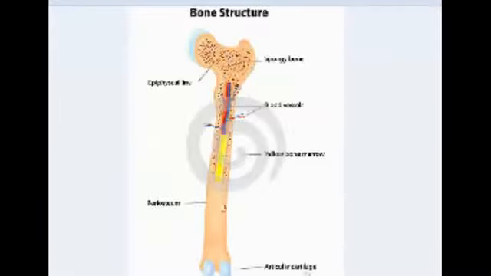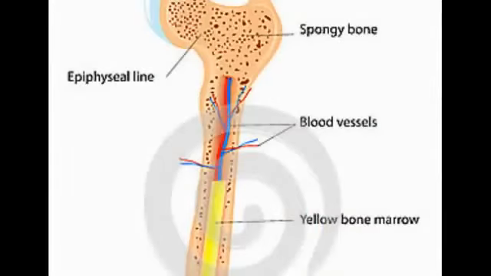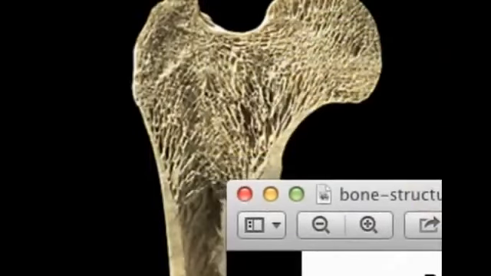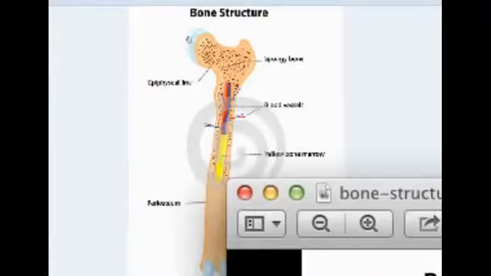This is a long bone, like your hip bone. It consists of two endings, and they are called epiphyses. The ends have cartilage.